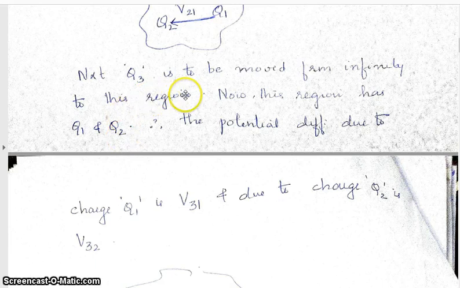Next, Q3 is to be moved from infinity to this region. Now this region has two charges, Q1 and Q2. The potential difference on Q3 will be due to Q1 and Q2. Therefore the potential difference due to charge Q1 on Q3 is marked as V31, and the potential difference due to charge Q2 on Q3 is denoted as V32.